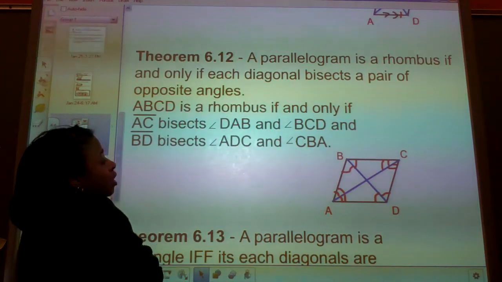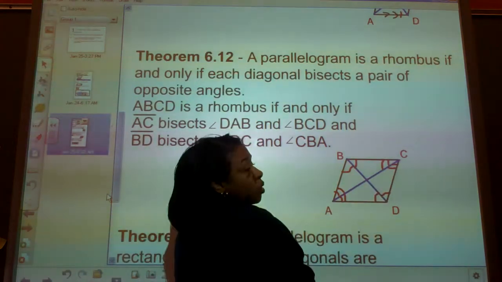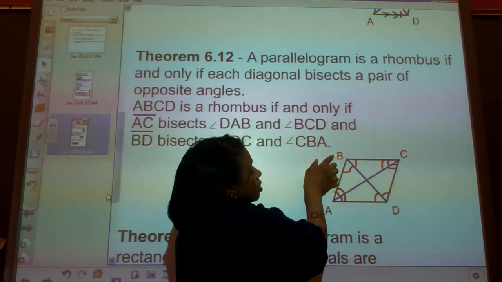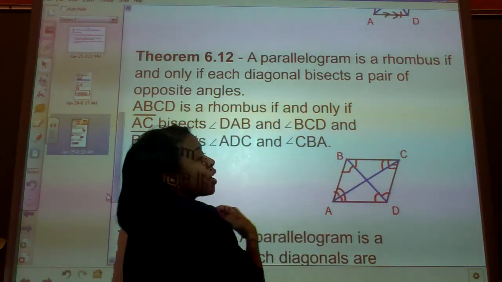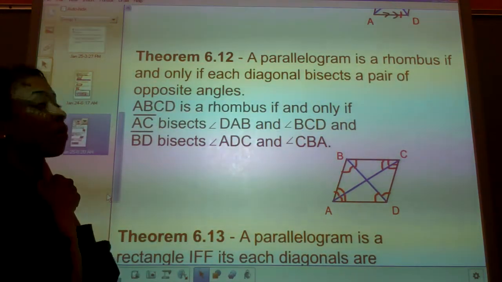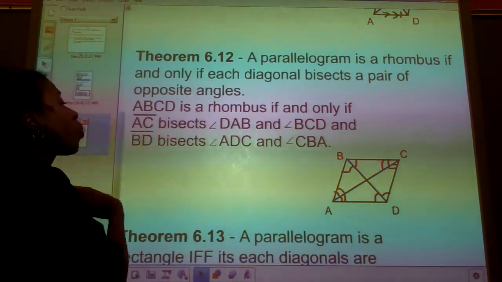It deals with diagonals. So the diagonal AC on the rhombus and the diagonal BD on the rhombus. Here's another special feature about the parallelogram rhombus.